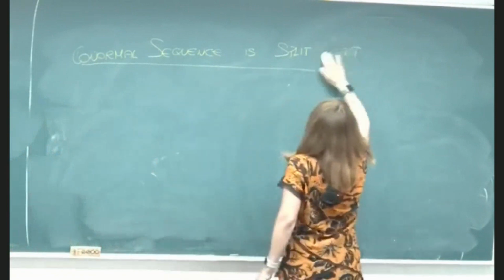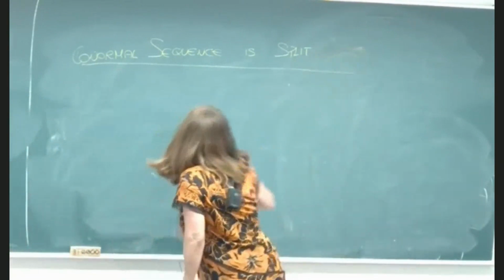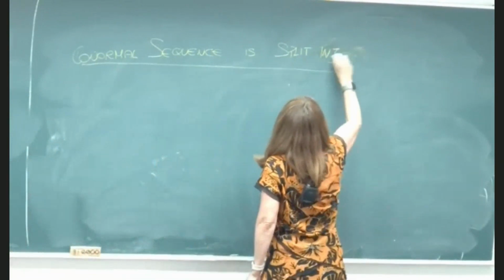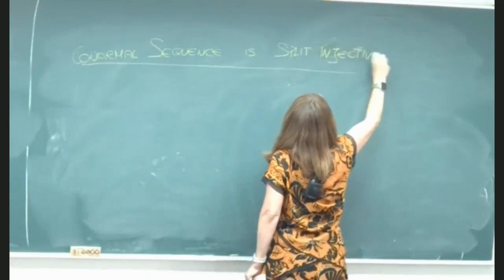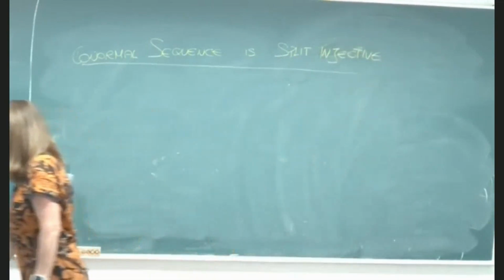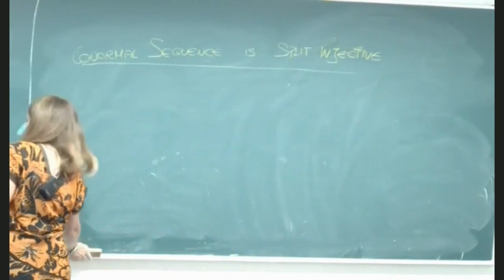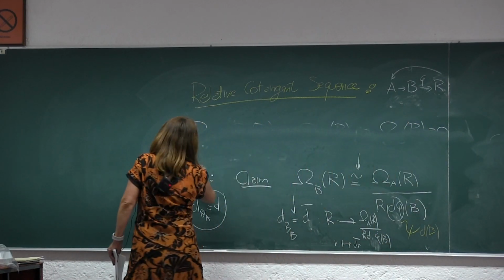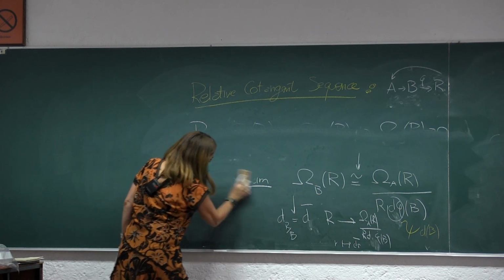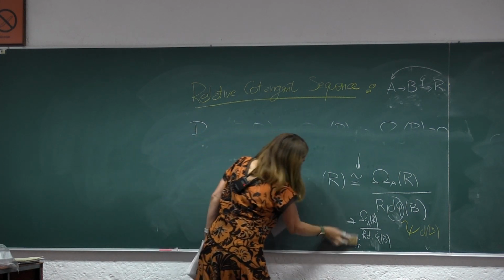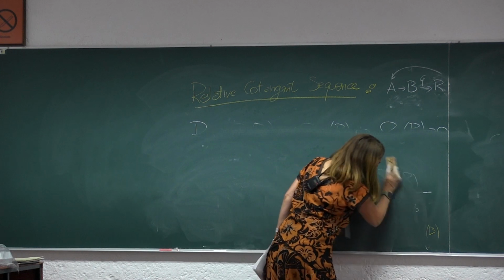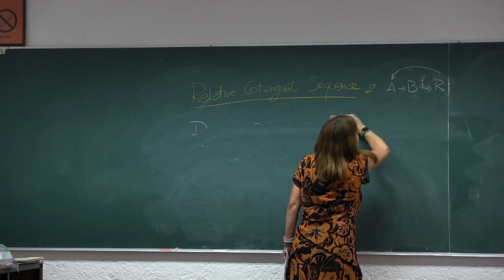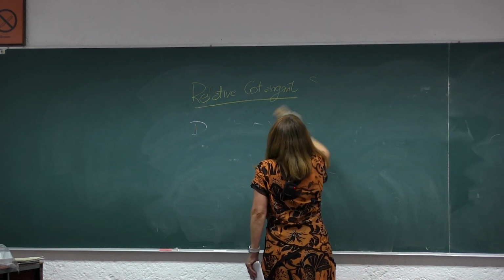So not all injective, but split injective. To do that, I need first a lemma, which I'll prove here, and then we'll prove the theorem for when I get the split injectivity. So maybe actually first I write the theorem, and then I put here the lemma that you'll need.